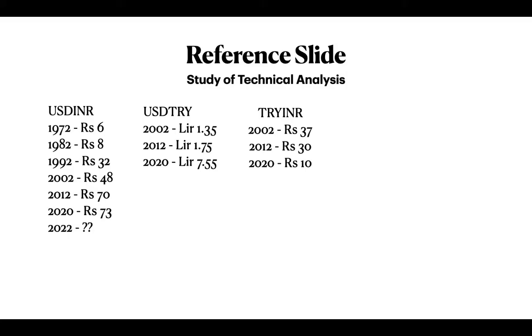And so the key point here is that if we look at 1972 to 2012, it's a 40-year move in which the dollar appreciated over 1100% against the rupee, at an average of 5% per year, and 85% per decade.